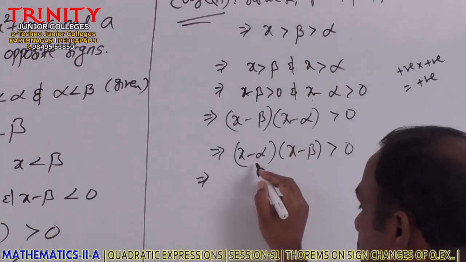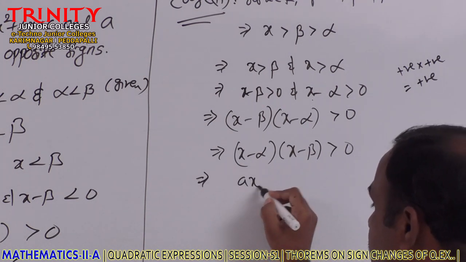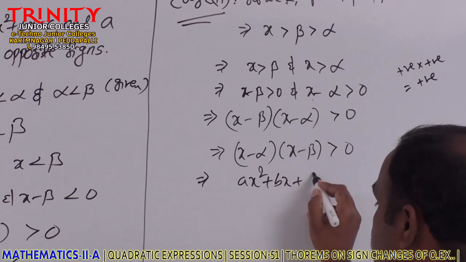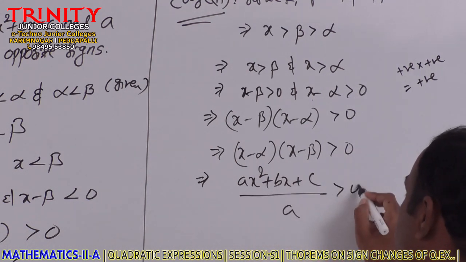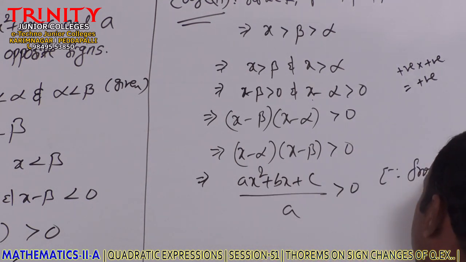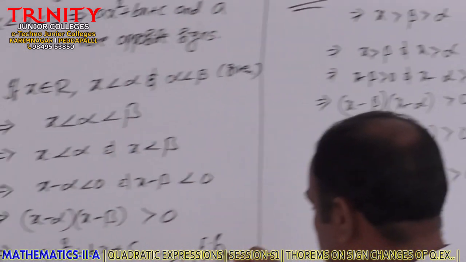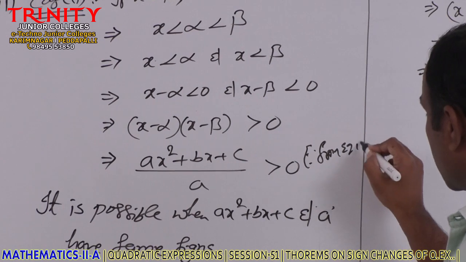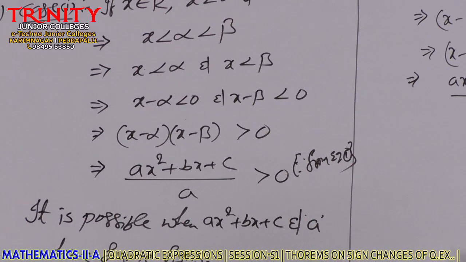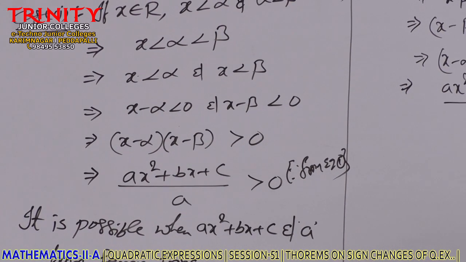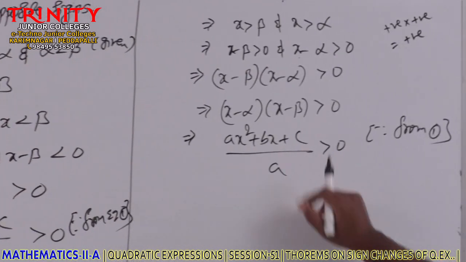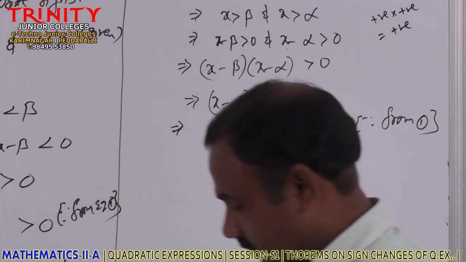From equation number 1, x minus alpha into x minus beta is nothing but ax square plus bx plus c by a, which is greater than 0, since from first equation. Here also we have taken from that equation. See, positive by positive, positive; negative by negative, positive.